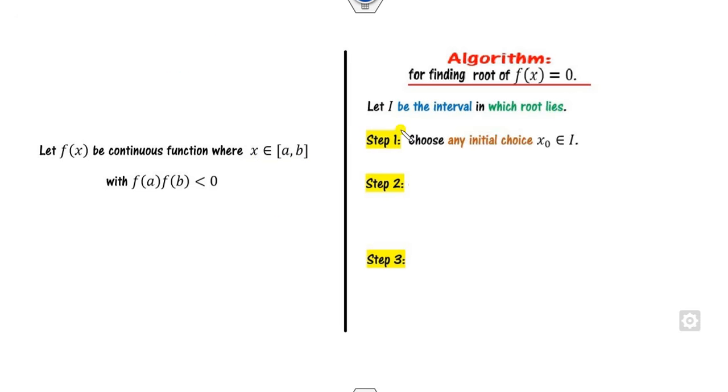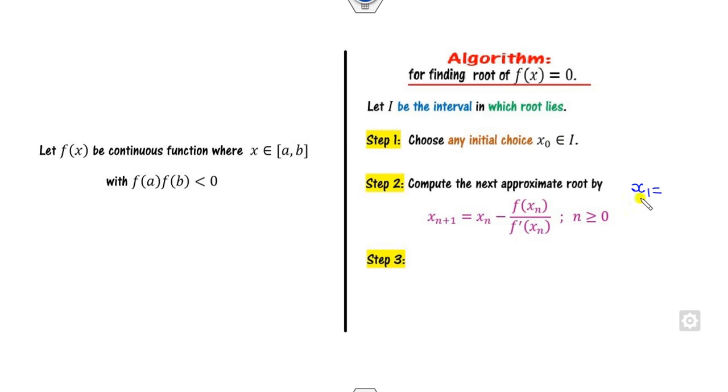The first step is to choose any initial choice x0 in the interval I, and then we apply this iterative formula. Based on this x0 we can find the value of x1 from here. Based on this x1 we can find x2, then x3, and so on.